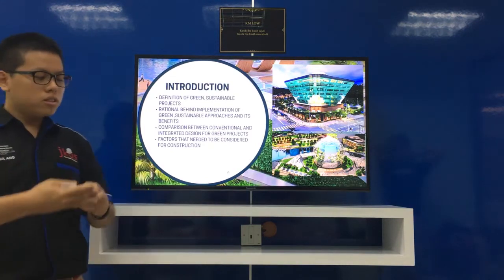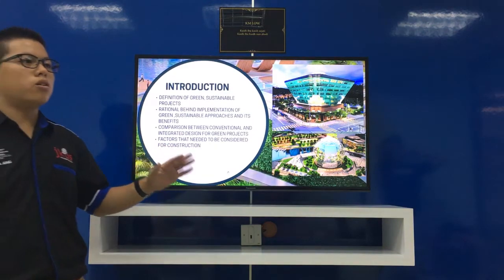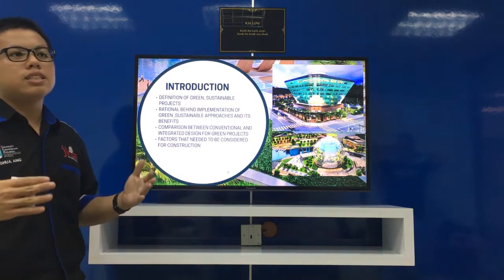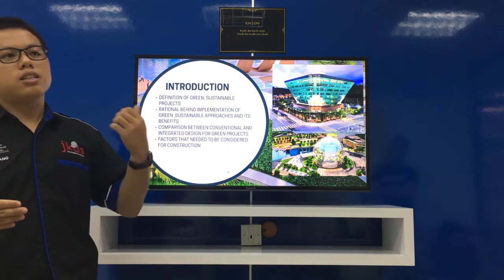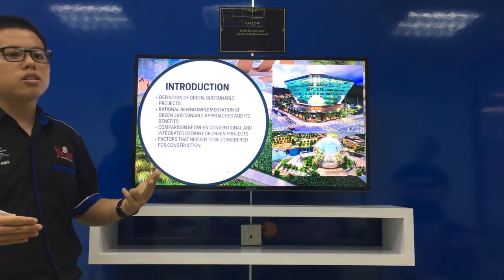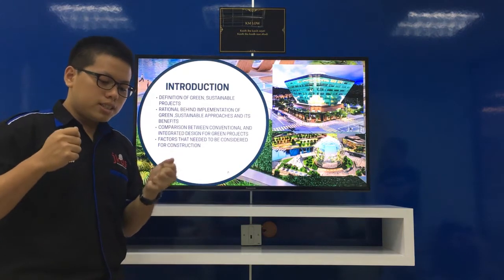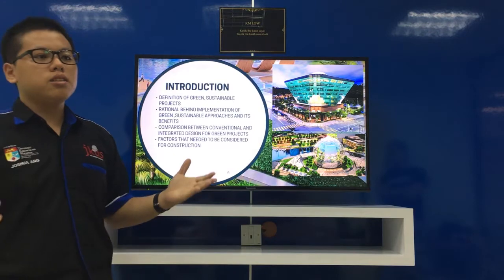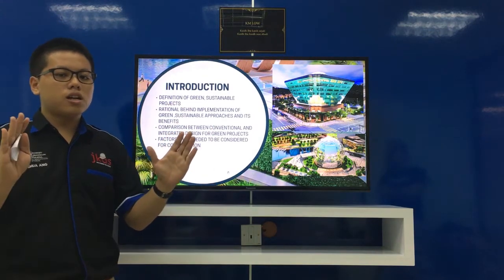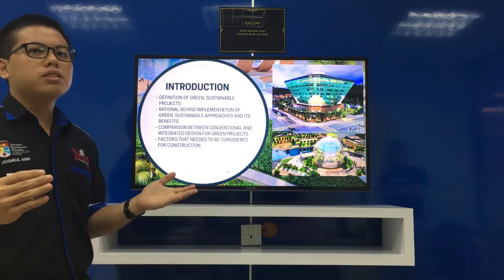Therefore, now I'd like to brief you about the conventional design process. The conventional design process consists of design, bid and build, where in the design concept, the architect designs the building based on the owner's requirements.